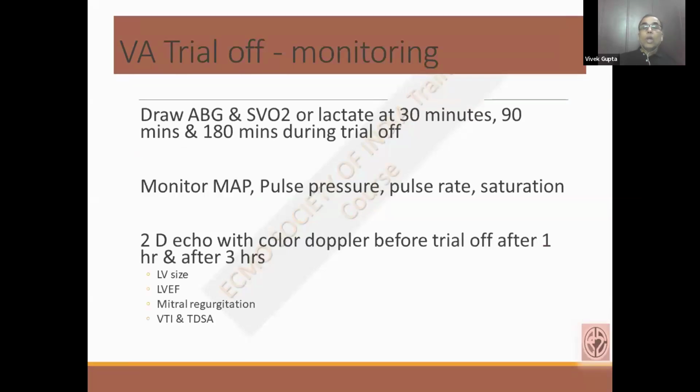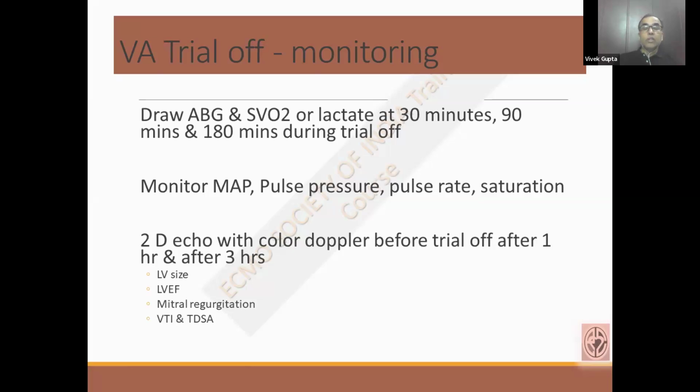time. And during that time, you need to monitor the blood gases, the venous oxygen saturation and lactate levels at different intervals, and continuously monitor the patient's mean arterial pressure and pulse pressure, looking for any tachycardia or drop in oxygen saturation.